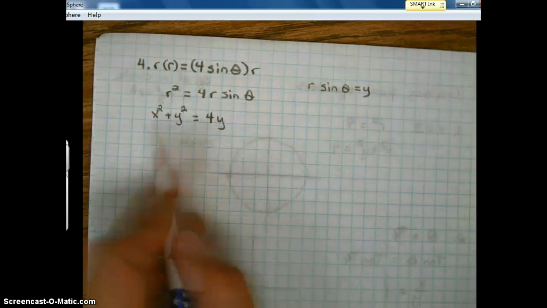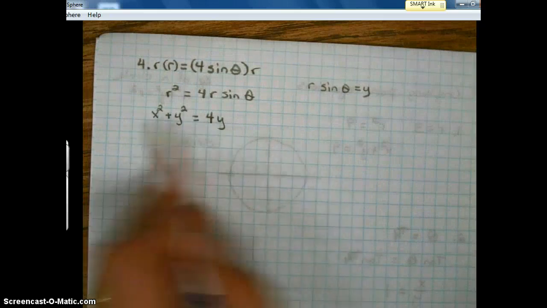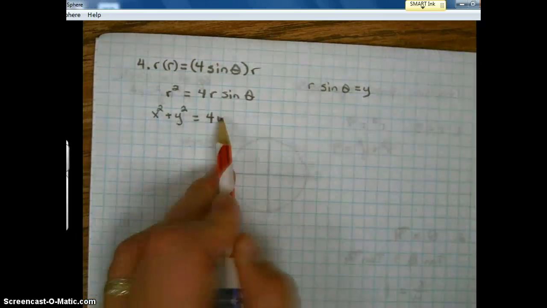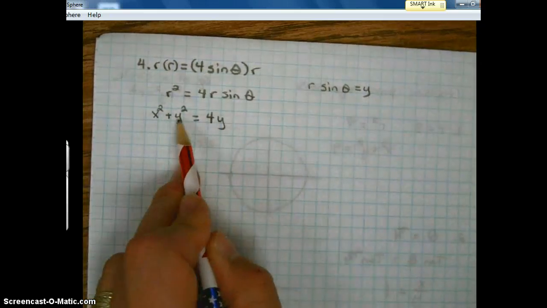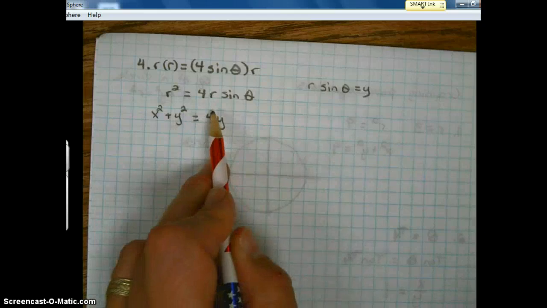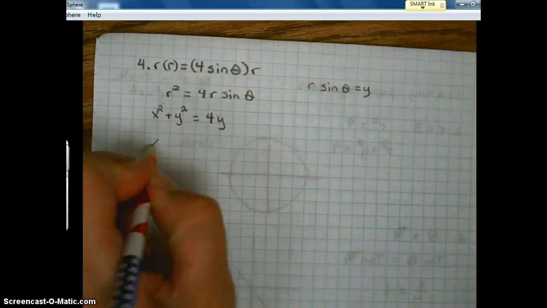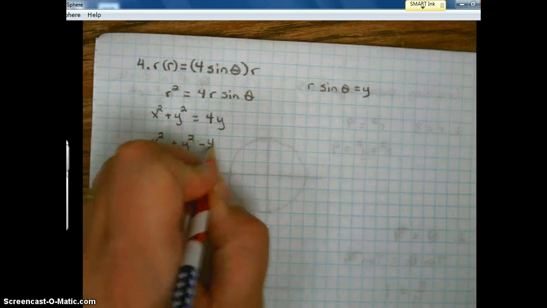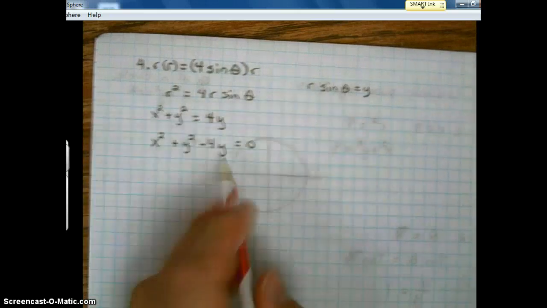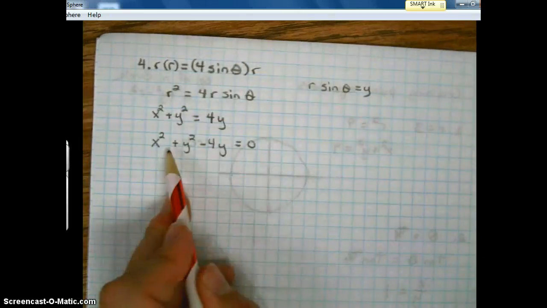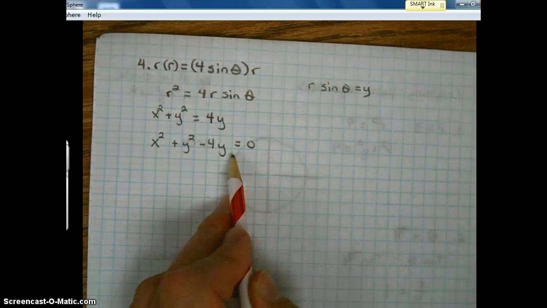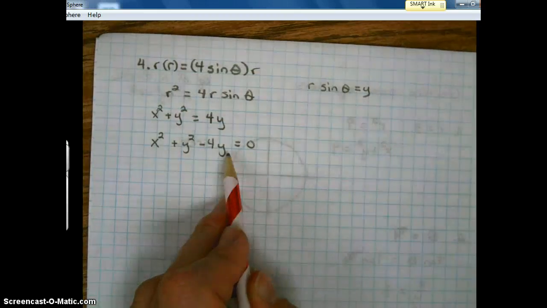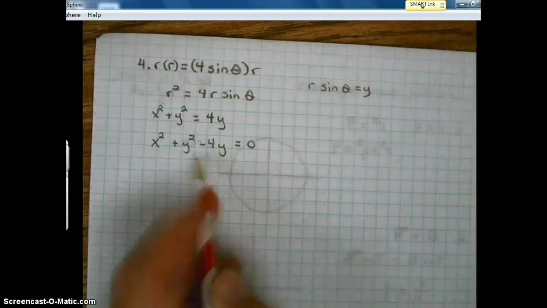Now, we want to take this a step further. If we want to graph this, it's in the form of a circle. Notice the x squared and the y squared. So we're going to subtract the 4y. Now, in order to finish this, we want to complete the square in order to figure out what our h value is.